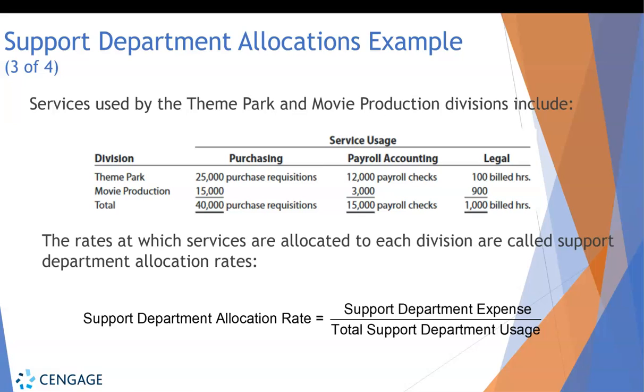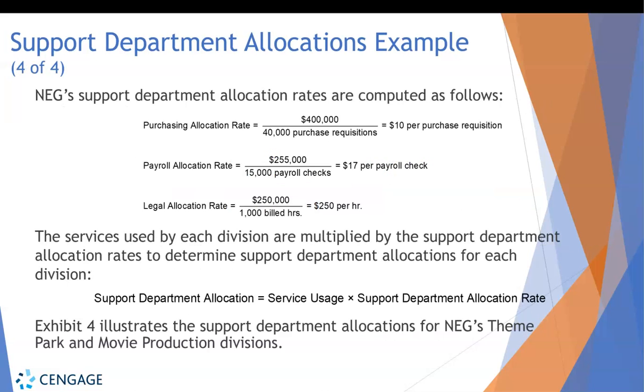The rates at which services are allocated to each division are called the support department allocation rate. So we take the total expenses for each support department and we divide it by the usage.